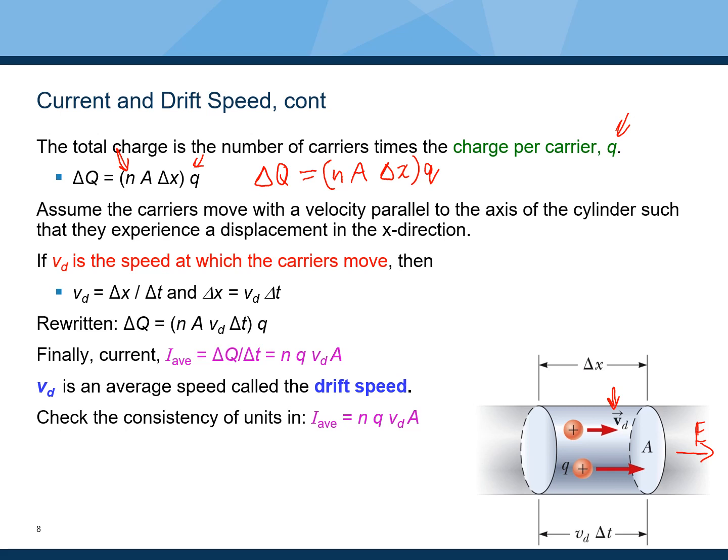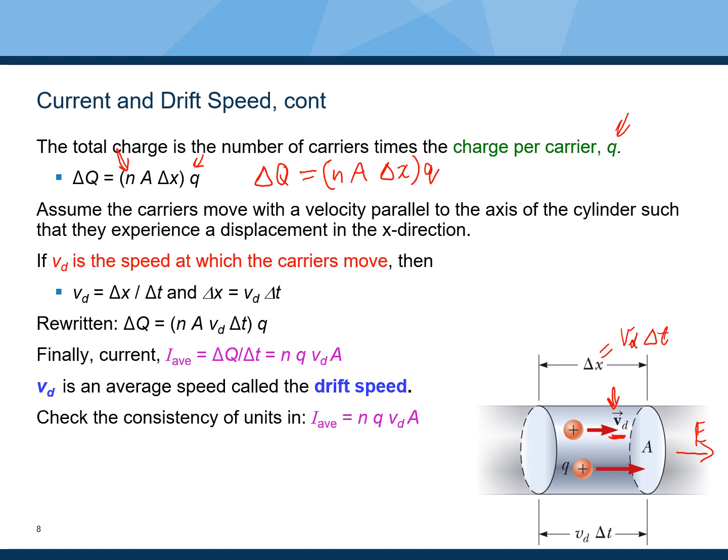But let's say that there is a certain relationship, and therefore for a particular impressed or applied electric field, you will have a particular drift velocity for the charge carriers in this conductor or semiconductor, and that allows us to say that delta x is equal to the drift velocity v sub d times delta t.